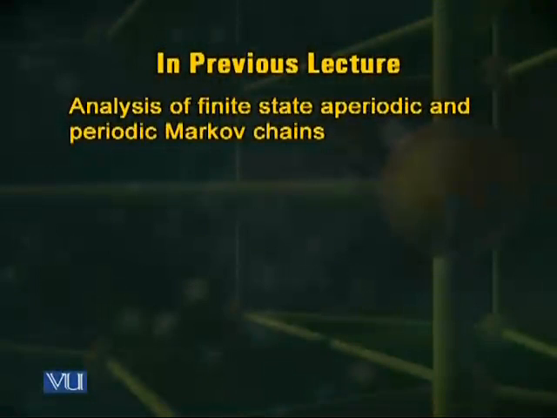So far, we have restricted our analysis to those Markov chains which have only a finite state space. By state space, we mean the finite set of values that this collection of random variables can assume.